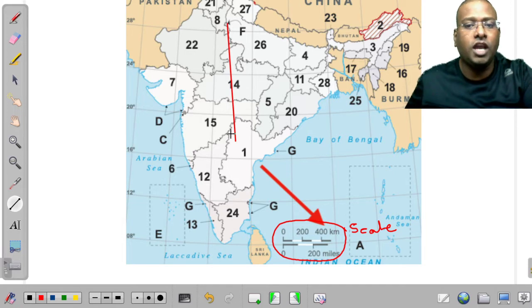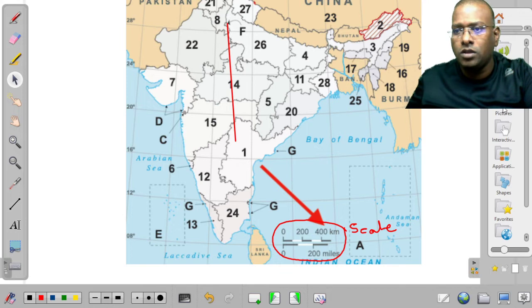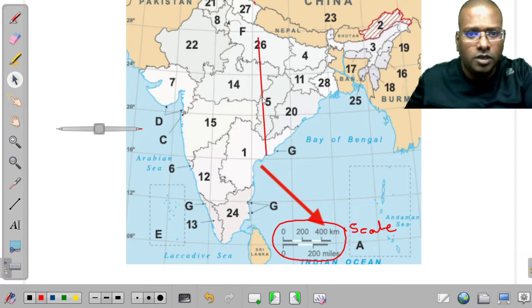Sir, how much do we have here? So for that, what I am going to do is, this is the length. Most of the time I can do it with the help of a divider, but in this case, what do I have to do? In order to have a clear picture, I am taking this particular line out.